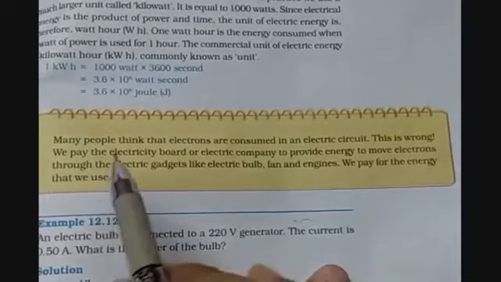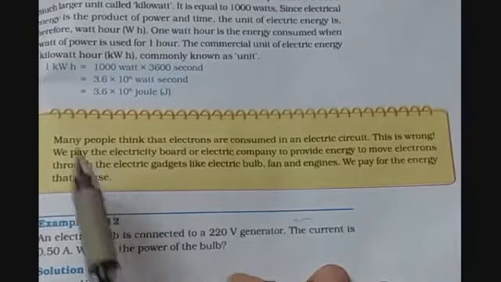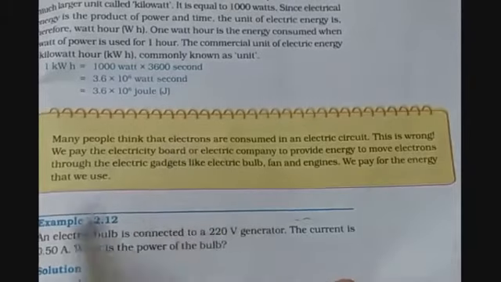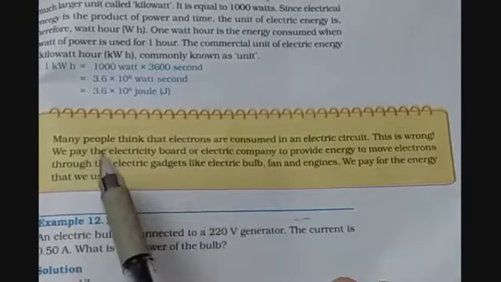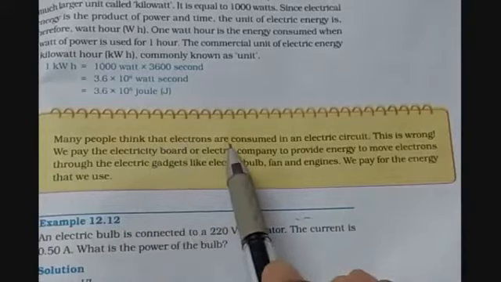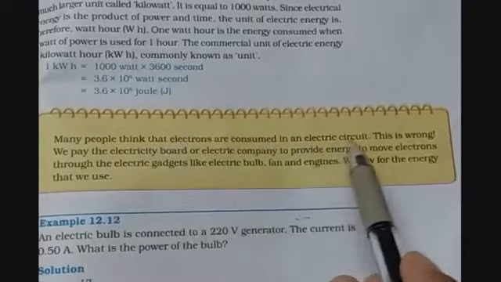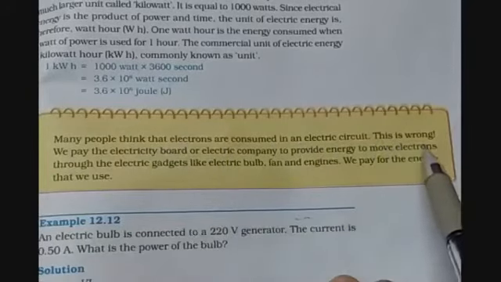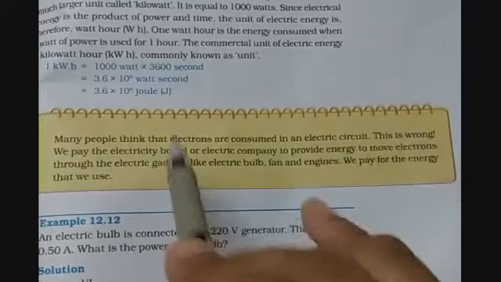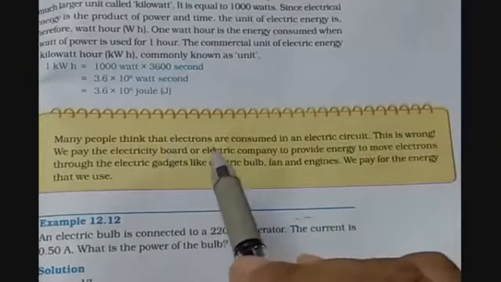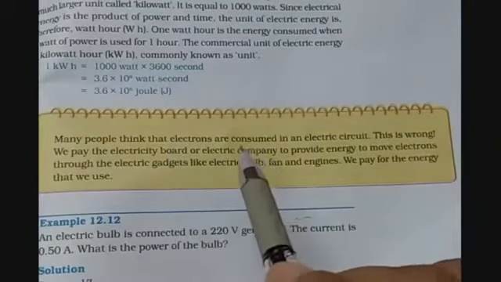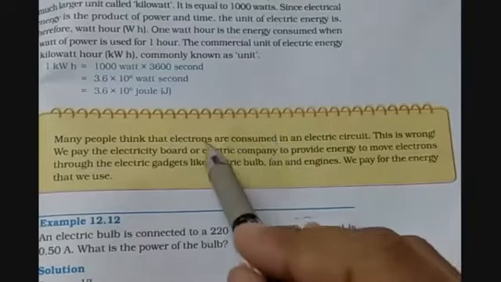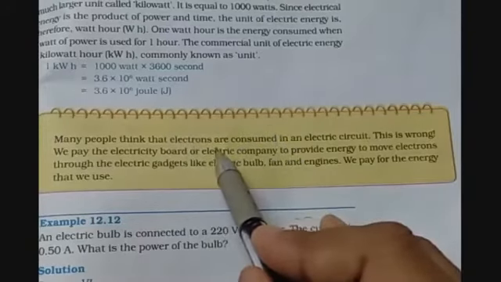One important point is given in your NCERT book in yellow color at page number 219. It says that many people think that electrons are consumed in an electric circuit. This is wrong. Why? Because we know that energy can never be created and can never be destroyed. So we are not consuming the electrons.